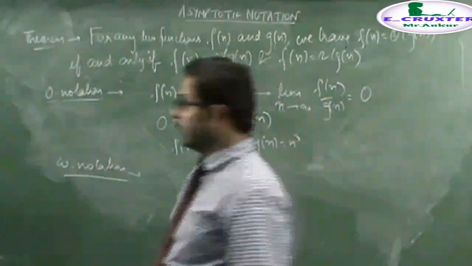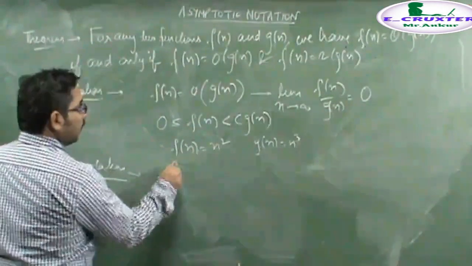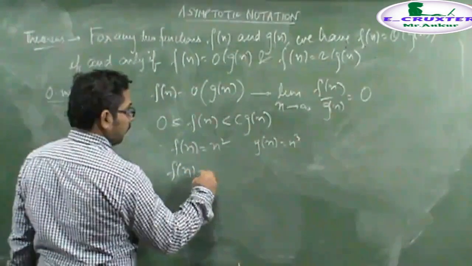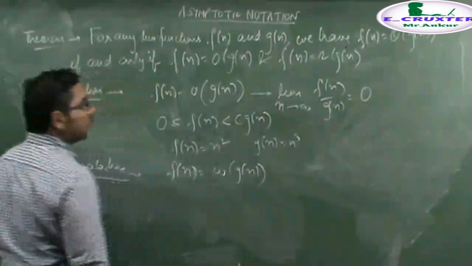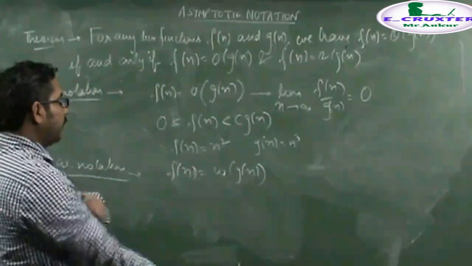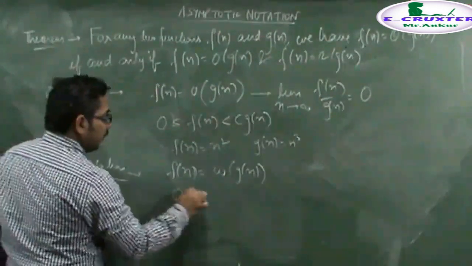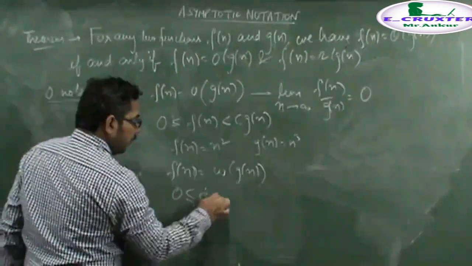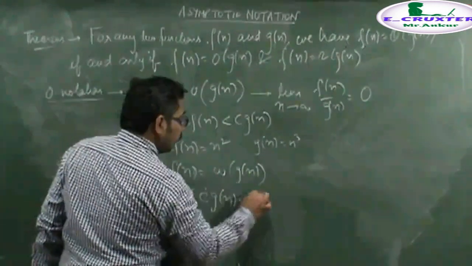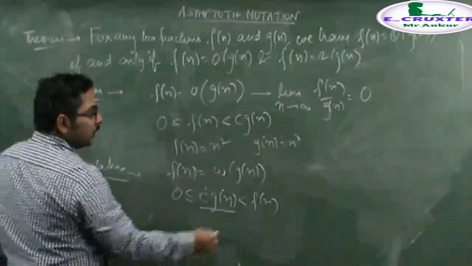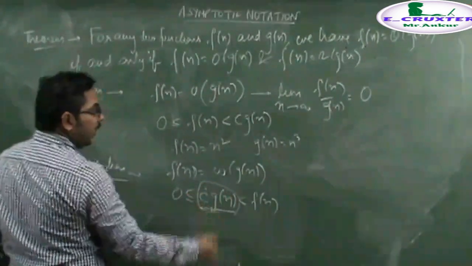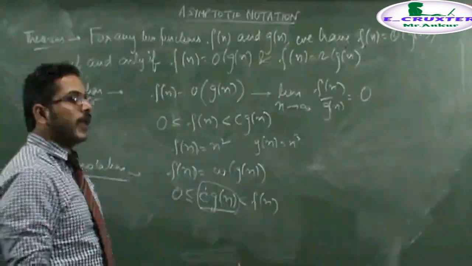That is, for the f(n) function, the g(n) function will act as the lower bound in such a way that 0 is less than or equal to c g(n) is less than or equal to f(n). That is, if I multiply the g(n) function with the constant c, then its result is always smaller than the f(n) function.